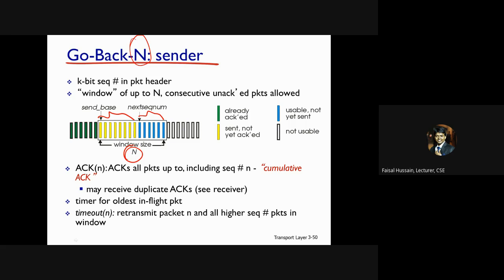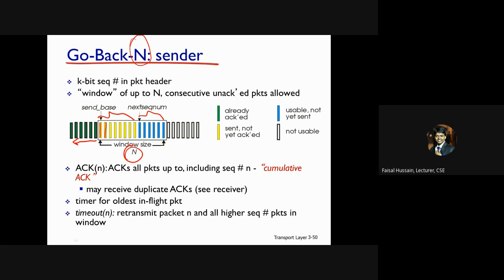And before the window, on the left-hand side, you see green color boxes representing that those packets were actually received by the receiver and the acknowledgement is also received. So we have to send out the new ones.